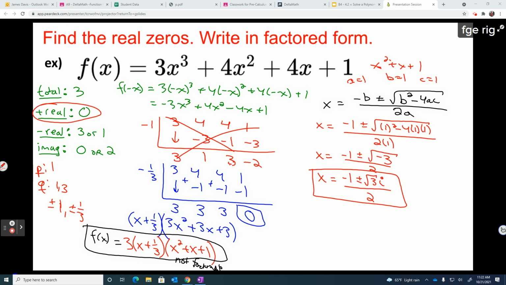And this is 2 answers because we got the plus and we got the minus. So these are 2 of our solutions. It's the 2 imaginary solutions here, which was a possibility. And then we had the 1 negative real, that was the negative 1/3. So those are 3 solutions.